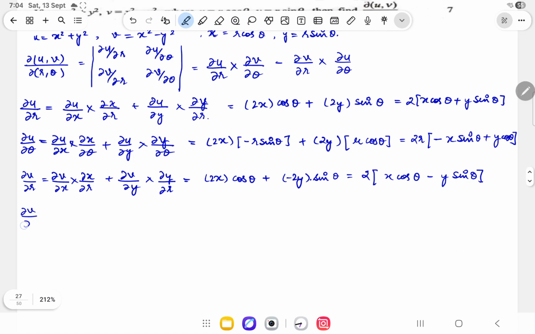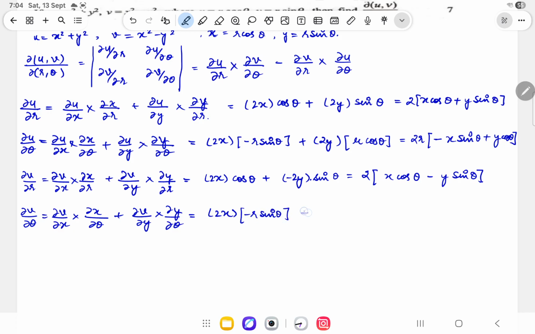Further, del v upon del theta is equal to del v by del x into del x by del theta plus del v by del y into del y by del theta. So this is equal to del v by del x, which is 2x, and del x by del theta is minus r sin theta, plus minus 2y into del y by del theta, which will be basically r cos theta.